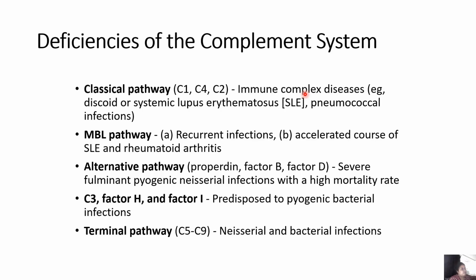Then we have predisposition to pyogenic bacterial infections, and the terminal pathway, which is C5 to C9, which leads to Neisserial and bacterial infections.